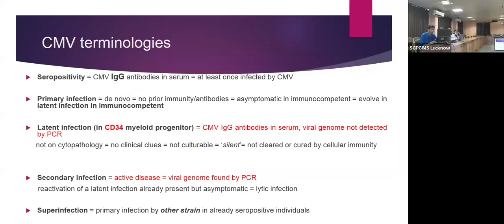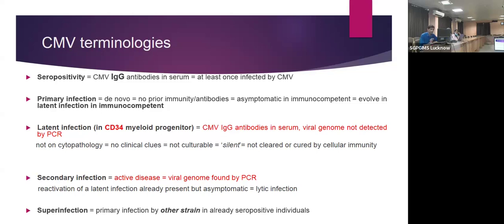Seropositivity means IgG antibodies are present in the serum of an individual. It means at least that person was infected once in his lifetime. Primary infection is nothing but the first infection, which in the immunocompetent is totally asymptomatic.